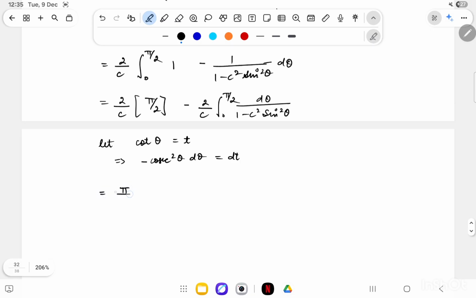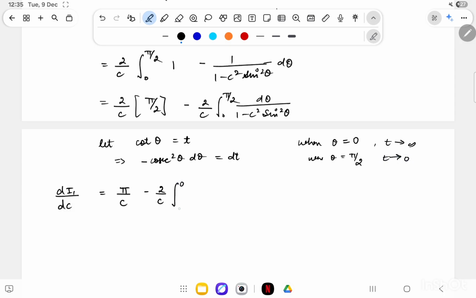So dI1 by dc will be equal to pi by c minus 2 by c integration from, and the change in limit will be: when theta equals 0, t approaches infinity, and when theta equals pi by 2, t approaches 0. So it will be 0 to infinity.